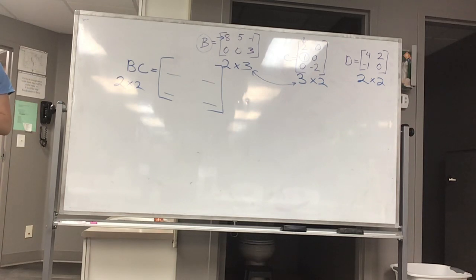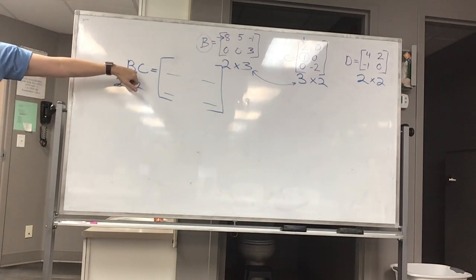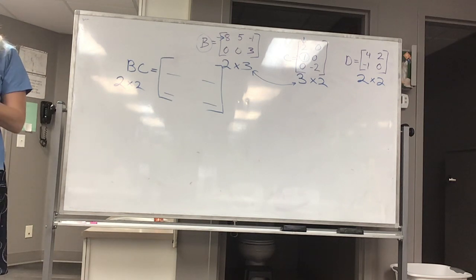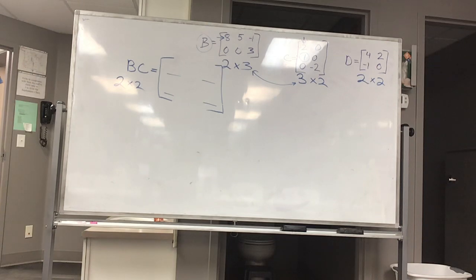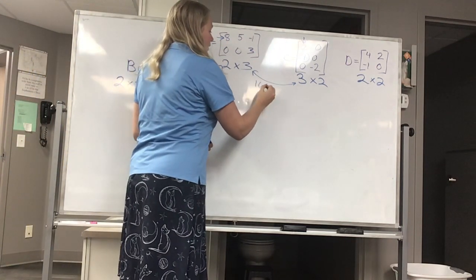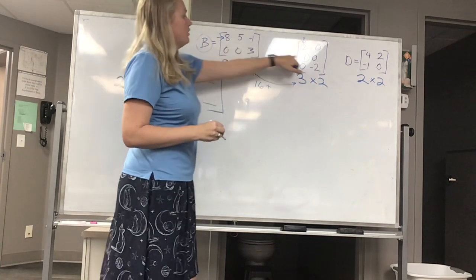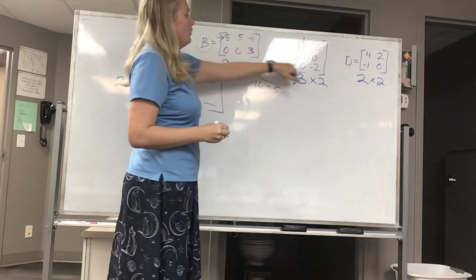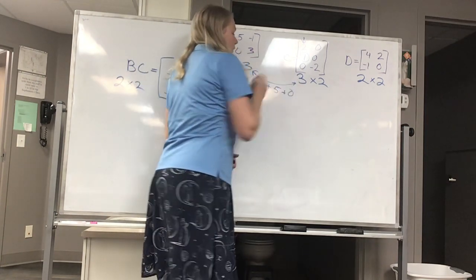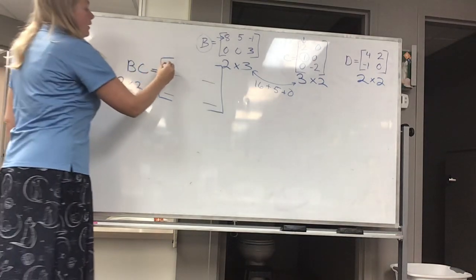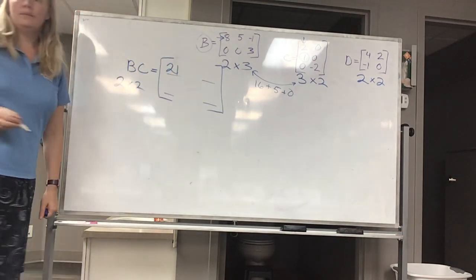Because this is multiplication, we are going to multiply each piece and just add them together. That's what's going on with matrix multiplication. So we're going to take 8 times 2 is 16, plus 5 times 1 is 5, plus negative 1 times 0 is 0. And so our first element is 21.